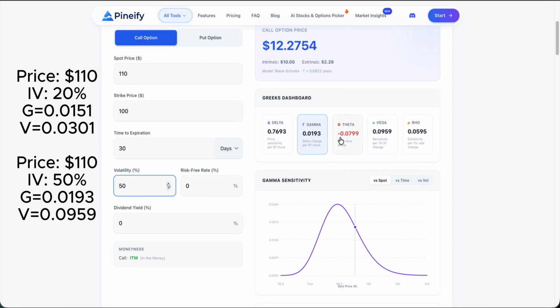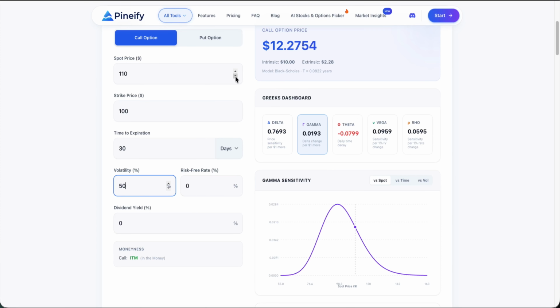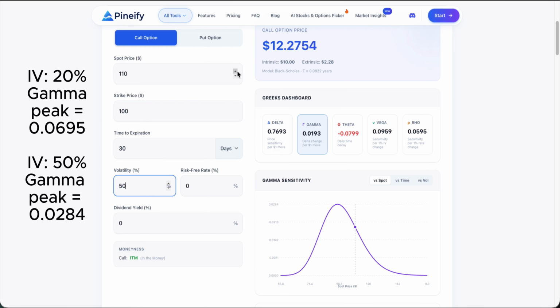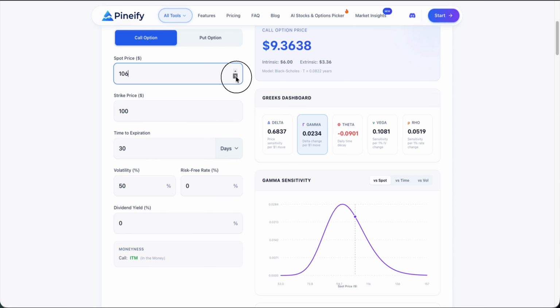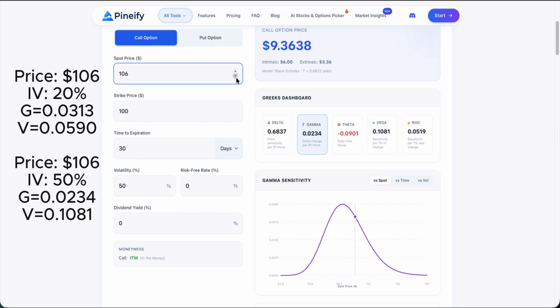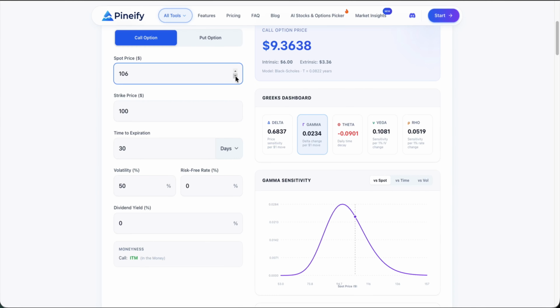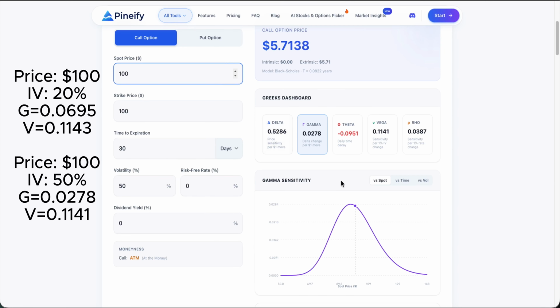All right, they are already material at this point, but at the same time, because the peak of the gamma is now less than 3, you will see that as we move towards the ATM, and again we're going to stop here at 106, the increase from $110 spot price to 106 is no longer that significant, and as we go towards at the money, you'll see that there was almost no difference.